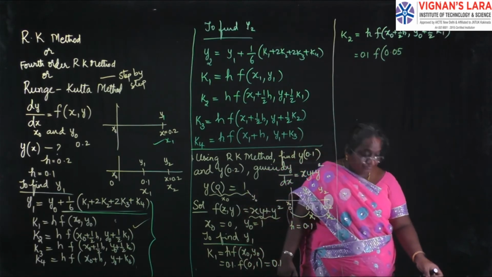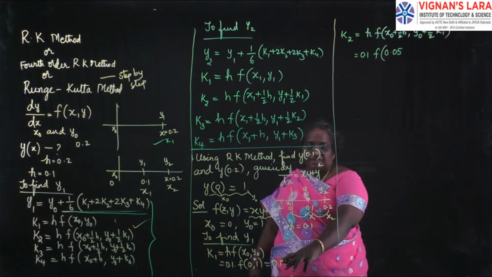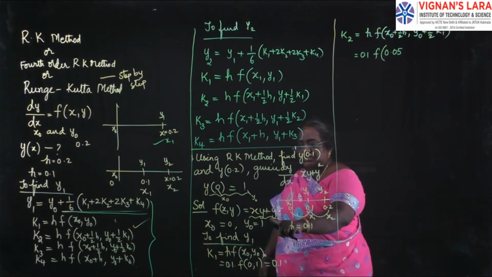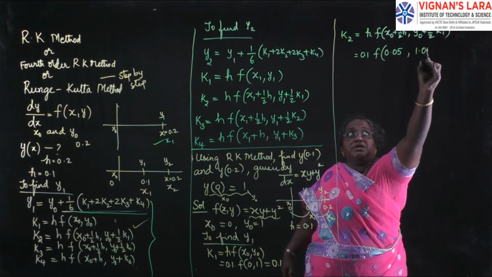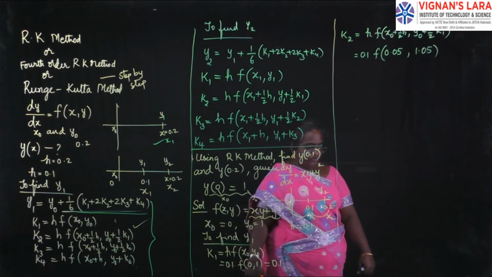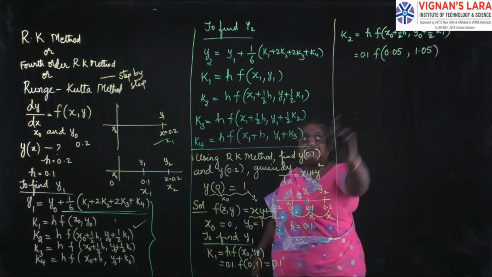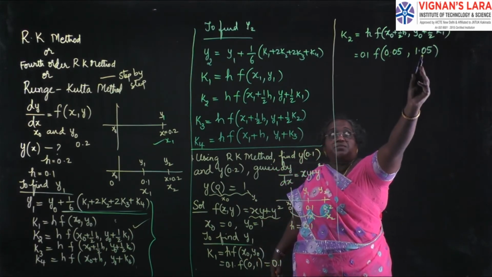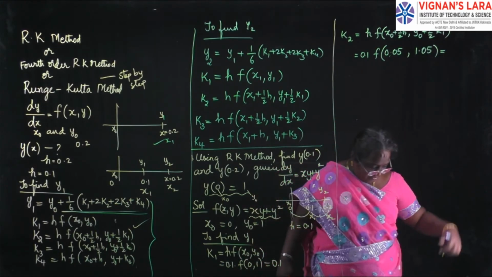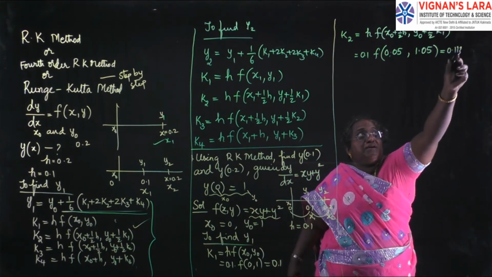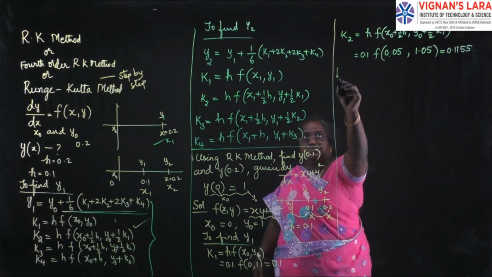Next, half k1, divide this with the 2. Half k1, 0.05 plus y naught is 1. 1 plus 0.05 is 1.05. So now if you substitute again this value in this function, instead of x 0.05, instead of y 1.05, its value is 0.1155. Next we calculate similarly K3.